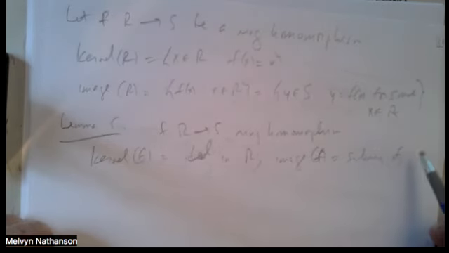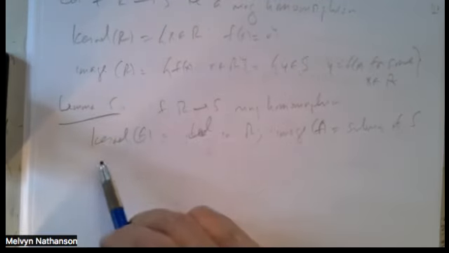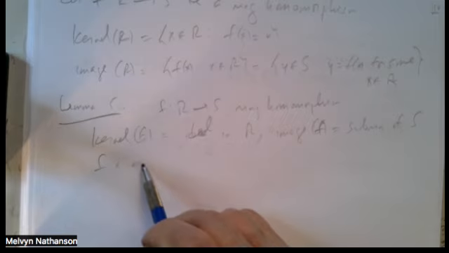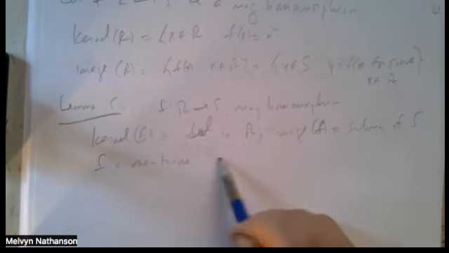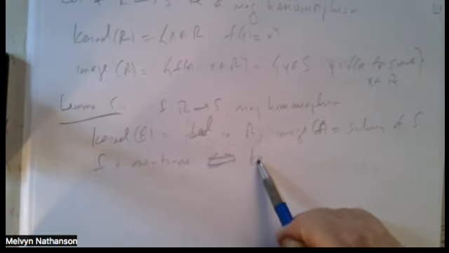So the image of F is a subring of S. That's a subring contained in S. And F is 1-to-1 if and only if the kernel of F is just 0.